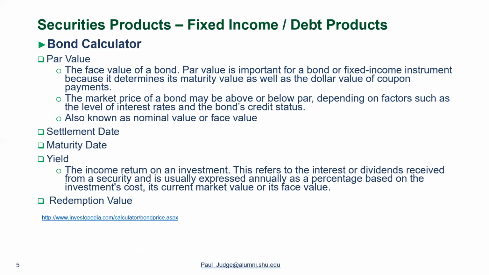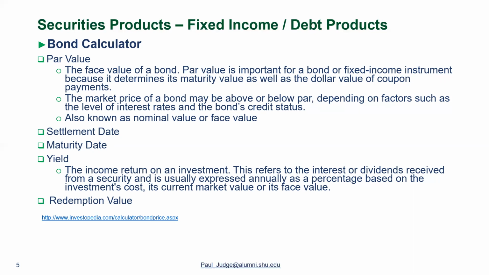So if you have a bond that's paying 8% and the prevailing interest rate is 6%, well, 8% obviously is more desirable than 6%. So there's a lot of things that the calculator has to consider on the par value.